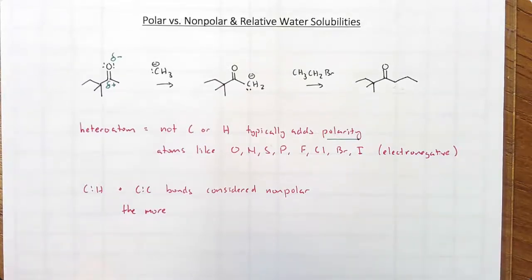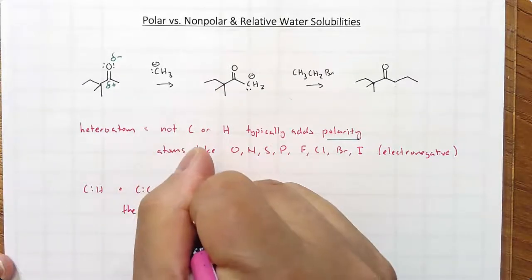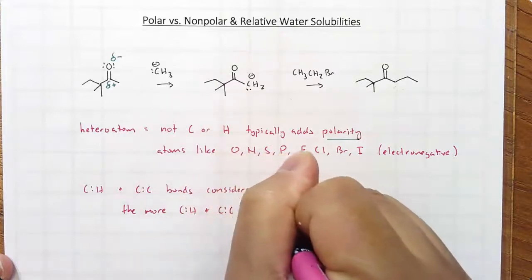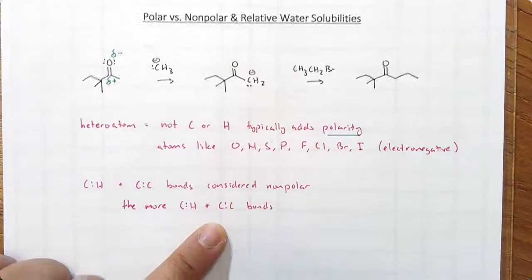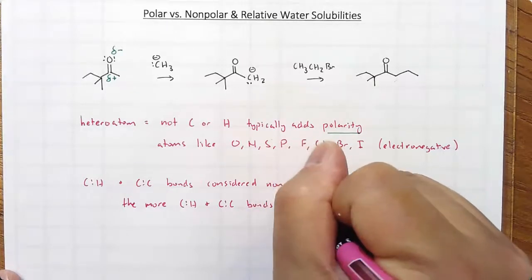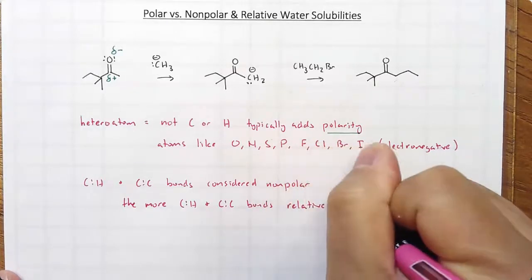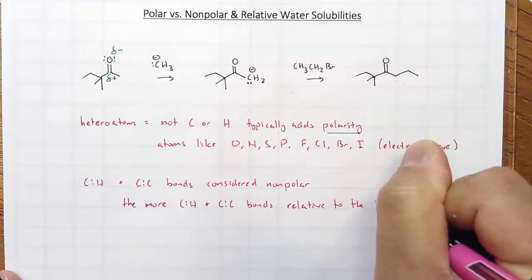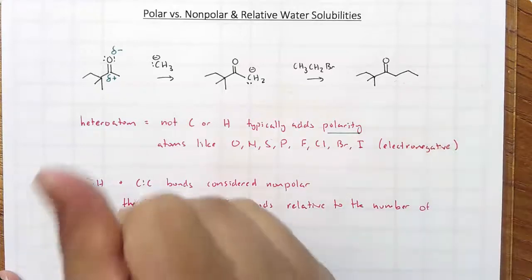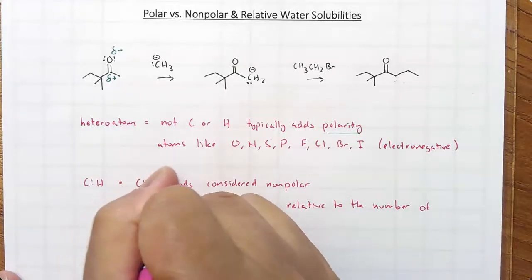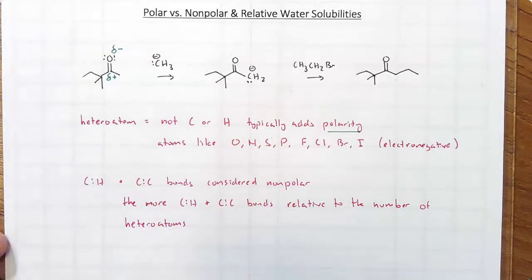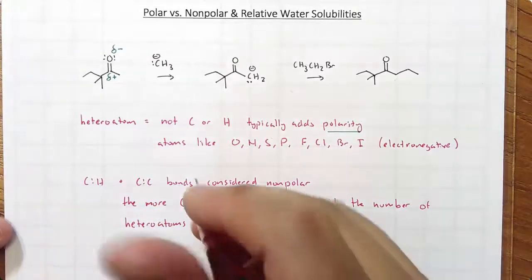But let me just write here, the more CH and CC bonds, and that could be a double, single, or triple bond, relative to the number of heteroatoms, the more nonpolar the molecule is.